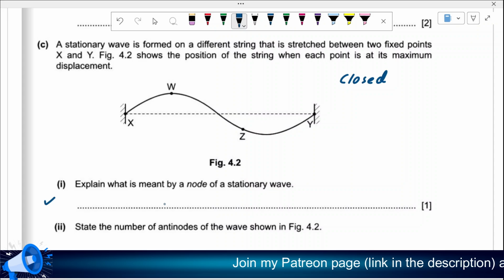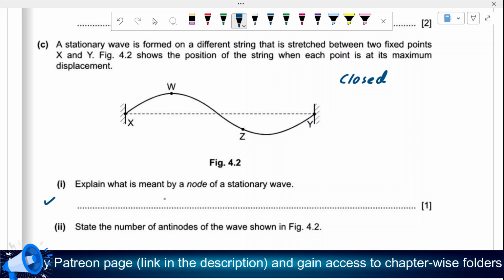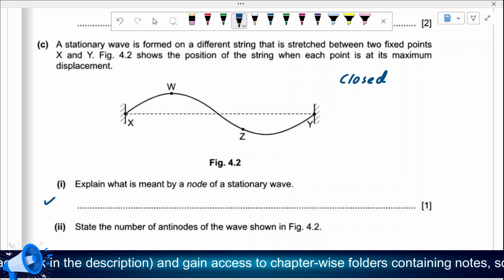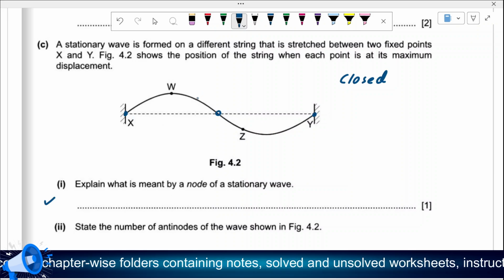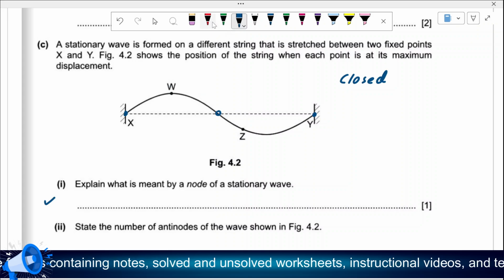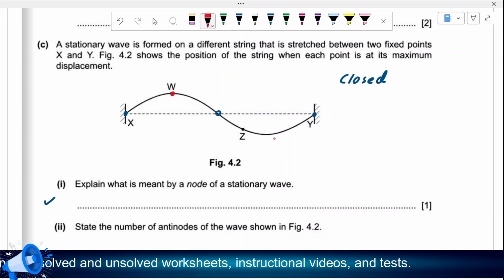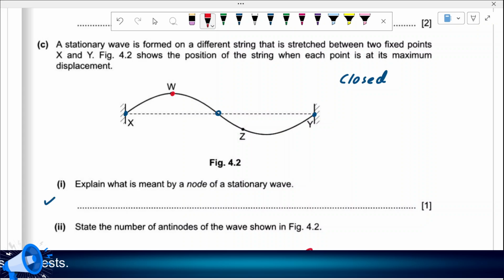Okay, forget this one. Node is a point where the displacement of the particle is 0. In this diagram, I can see 3 nodes, 1, 2, 3, and I can see 2 antinodes. One of them is labeled as W, the other one is not even labeled. State the number of antinodes: 2.